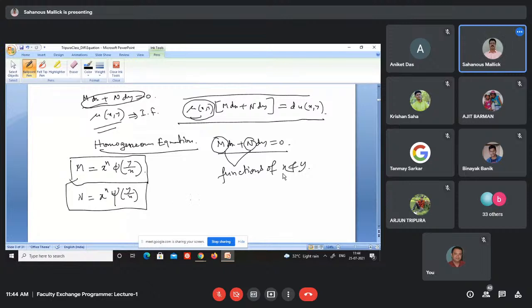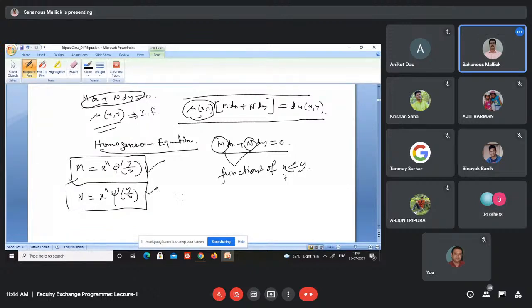Actually, I give a definition, now an observation. This is our equation M dx plus N dy equal to 0. If this equation is homogeneous, then M is expressible in this form and N is expressible in this form.